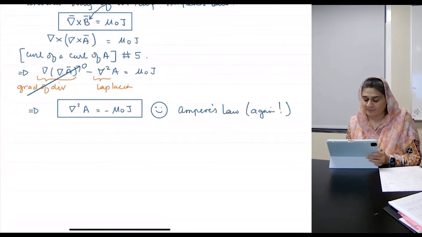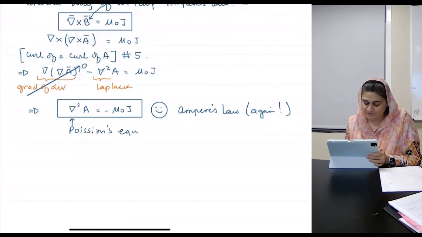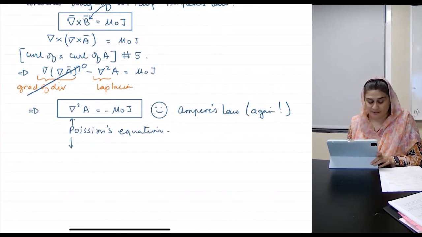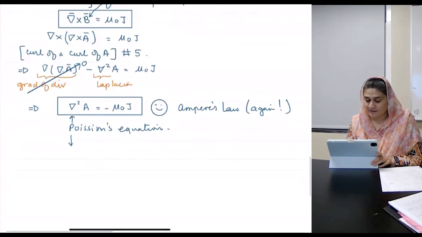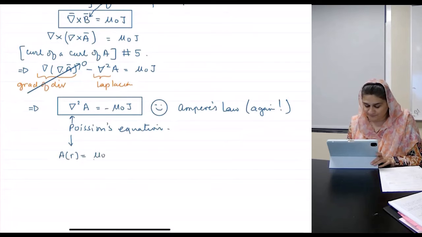And anyone remember what we call this? This is nothing other than Poisson's equation. And the solution of this Poisson's equation is, drum roll, it's going to seem so familiar once I write it down.